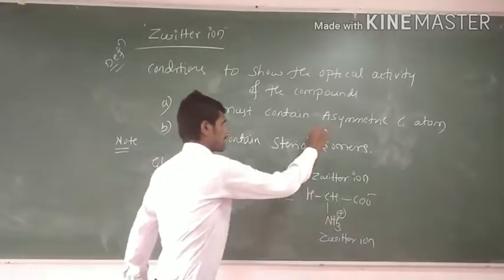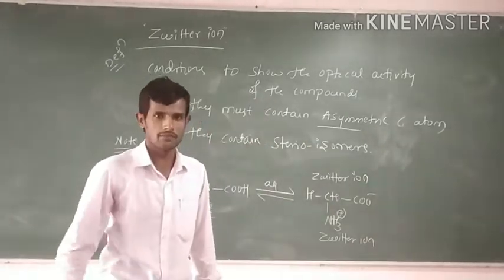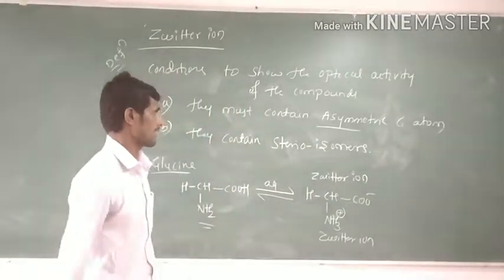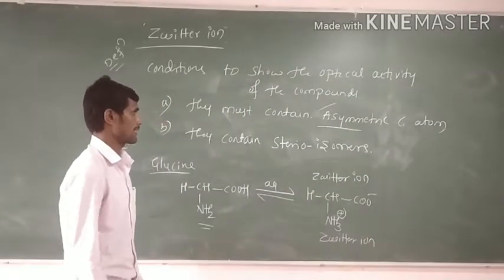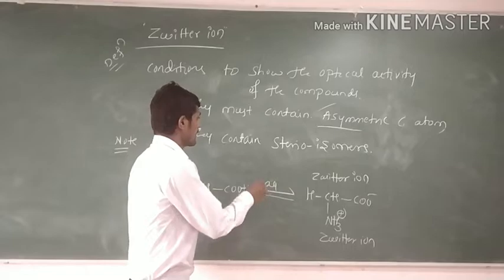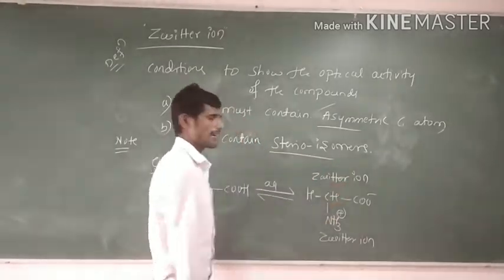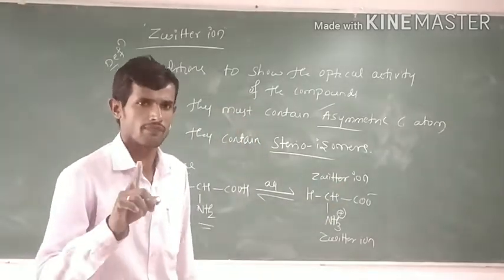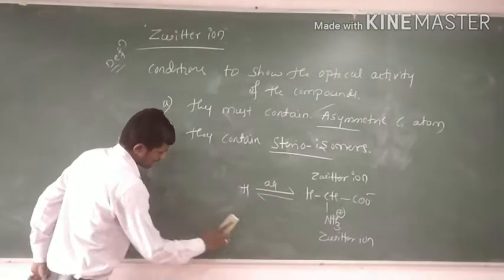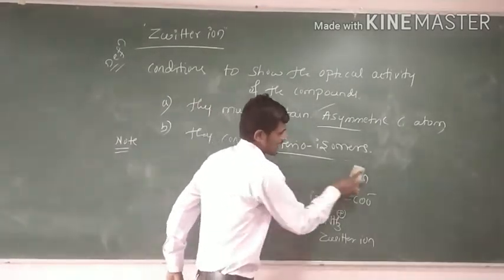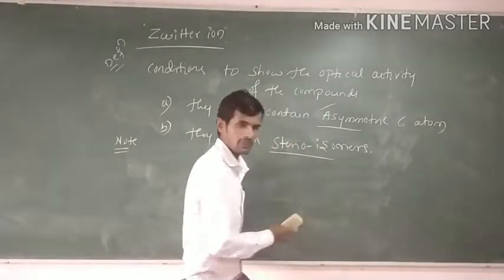What is an asymmetric carbon atom? One of the carbon atoms itself is surrounded by other atoms or groups of atoms. Then it is referred to as an asymmetric carbon atom. You already know this concept. And another one, stereoisomers. What are stereoisomers? Compounds having the same molecular formula, but differing in the spatial arrangement of atoms.